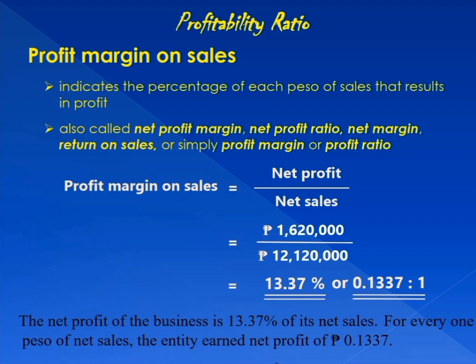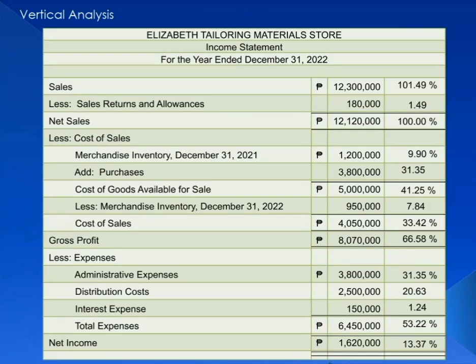Also, in case you haven't realized yet, this profit margin on sales of 13.37% can be seen on the common size income statement of the business, which we did in the first part of this lecture series. Here. Because remember that in doing the vertical analysis on the income statement, each account or item here is expressed as a percentage of net sales.